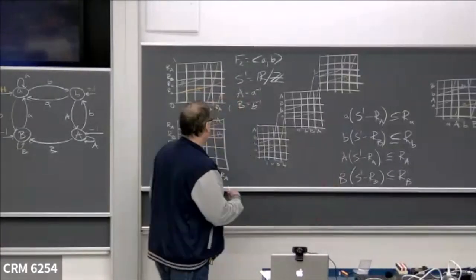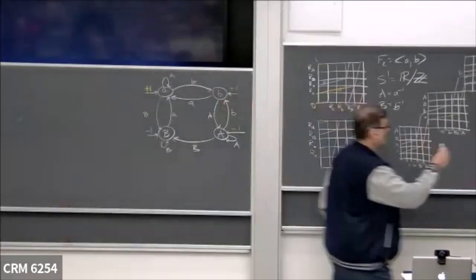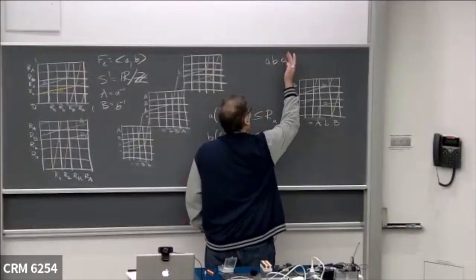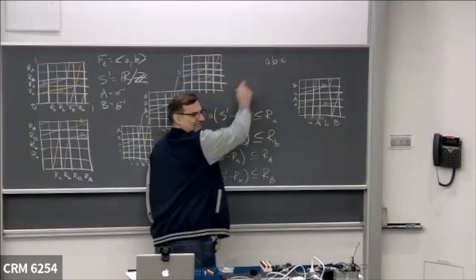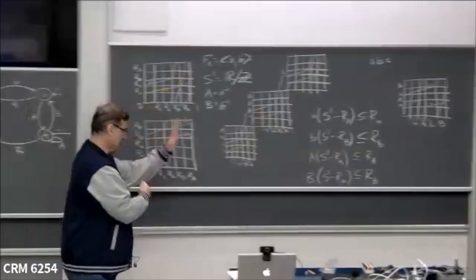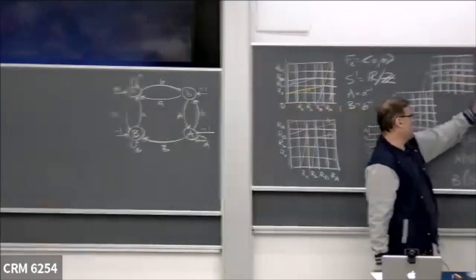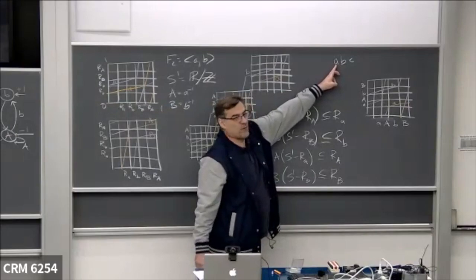So, by the way, my action is on the left. So when I write A, B, C, it means C, well, there's no C, but in general, C is applied first, then B, then A. Okay, that's a left action. In other words, the first letter in the word tells me where I land.